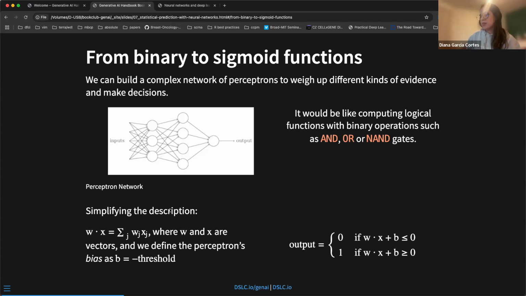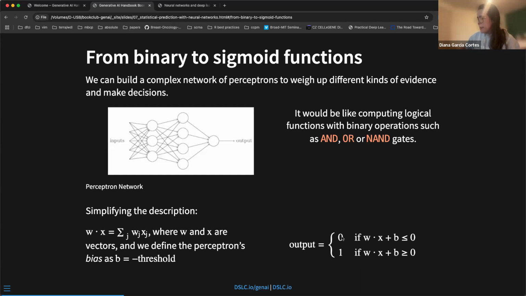We want to make other kinds of decisions, and we want to use this model for something else that is not binary operations. So one of the first changes we're going to make is, instead of having a threshold, we're going to define a bias, and we're going to change our equations.